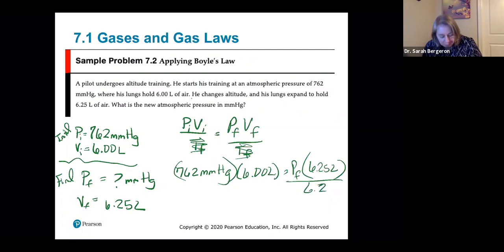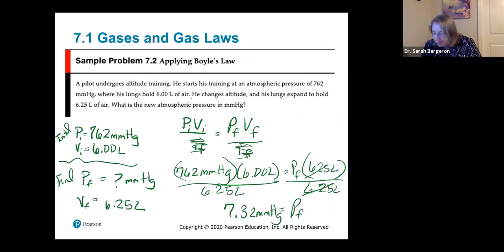Divide by 6.25 liters, divide by 6.25 liters, and we get a pressure final of, what you should have gotten was 732 millimeters of mercury. I think I wrote that wrong.